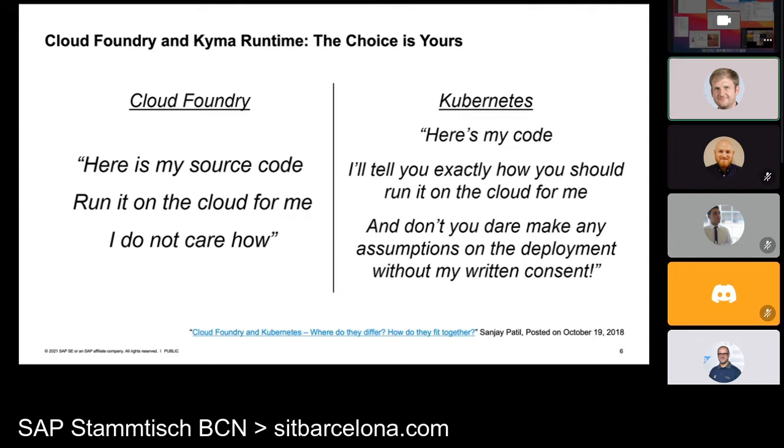What is the minimum? What is the maximum? If you already know how much scaling you need, you can define how many replica sets you want to have, so that you have redundancy and so on.